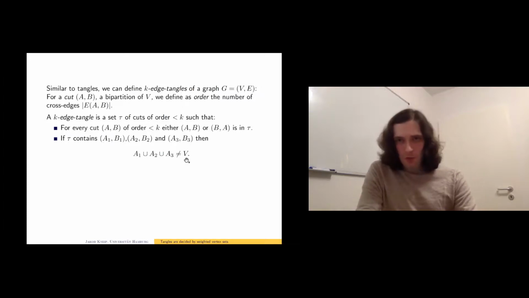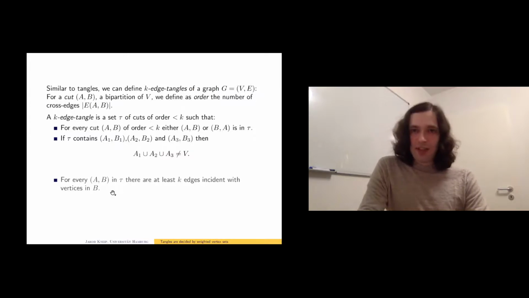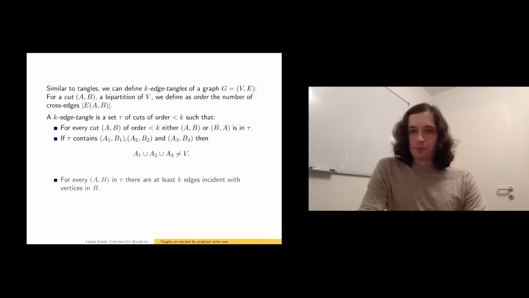And now for these edge tangles, we do need a slight deviation. So we do need a third condition to make them interesting. We ask that for each cut in our tangle, the big side should be incident with at least K edges of our graph. Now, why do we need this weird third condition?